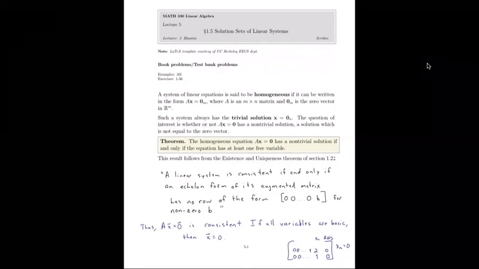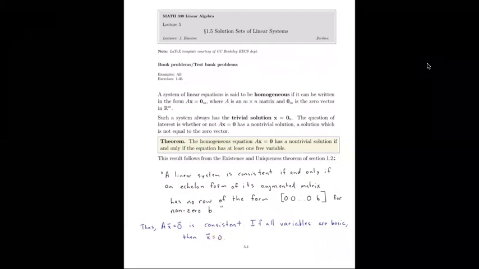So that would mean that if all variables are basic, then the only solution to Ax equals 0 is x equals 0, the trivial solution. However, using the contrapositive of this logic, if there's one free variable in this, then there's a non-trivial solution.